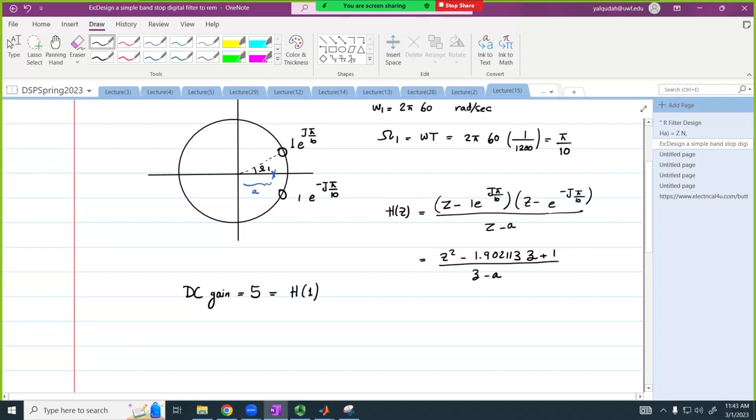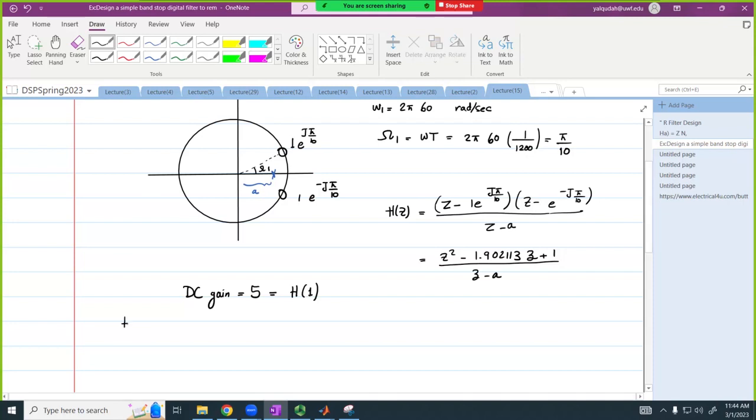Is that clear? Make sense? Anybody? Yeah. What does h of 1 mean? It means z is equal to 1. What does z equal to 1 mean? Omega is equal to 0. What does omega equal to 0 mean? DC. And we are given that I want the DC gain to equal a certain value.